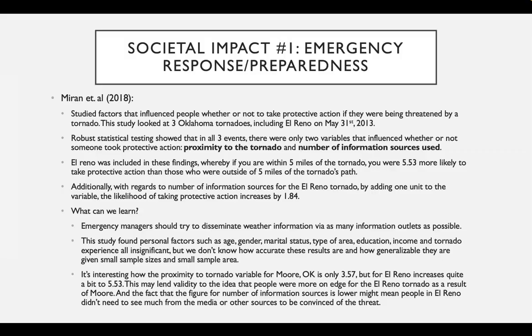And they found that out of all the factors, the personal factors such as age, gender, marital status, type of area, tornado experience, all of that stuff, were insignificant in the statistical analysis. They only found that proximity to the tornado and number of information sources used influenced whether or not somebody took protective action.